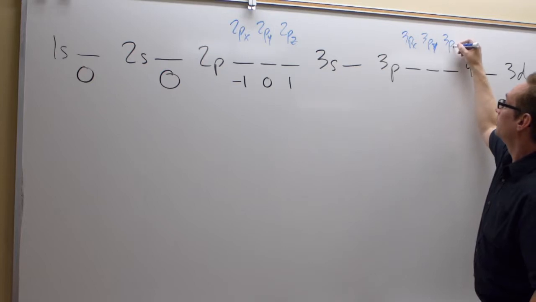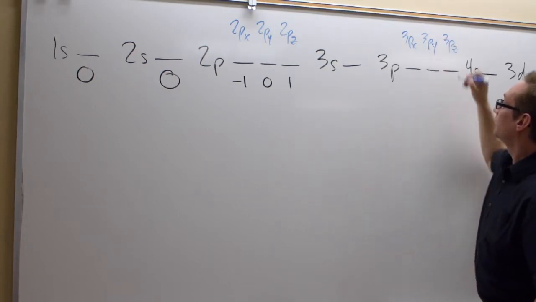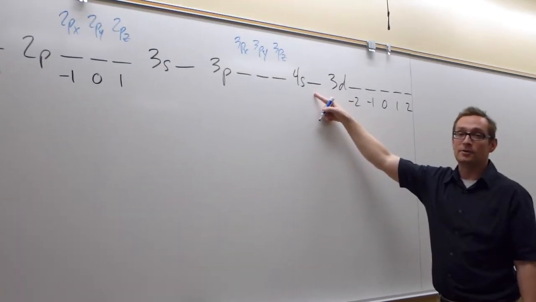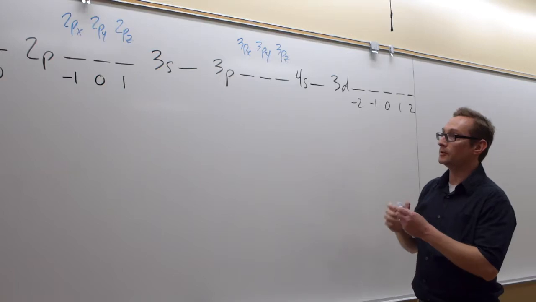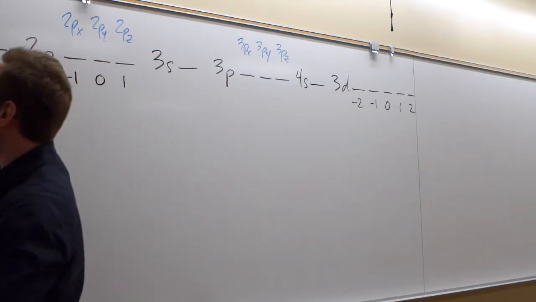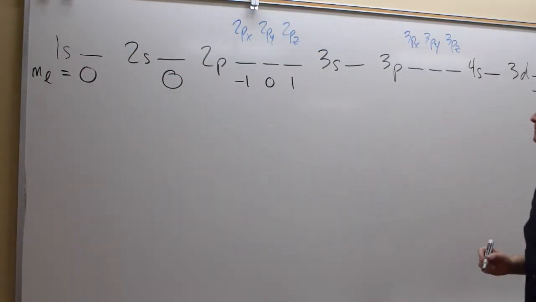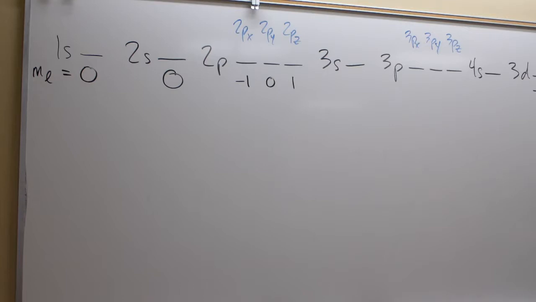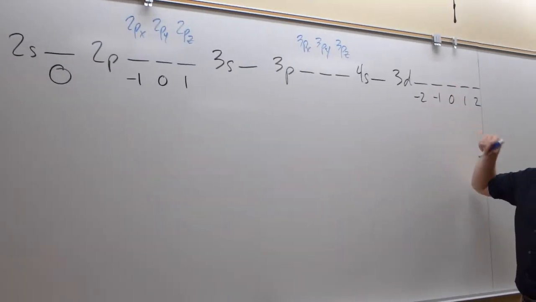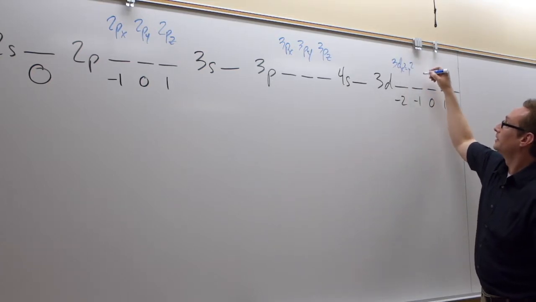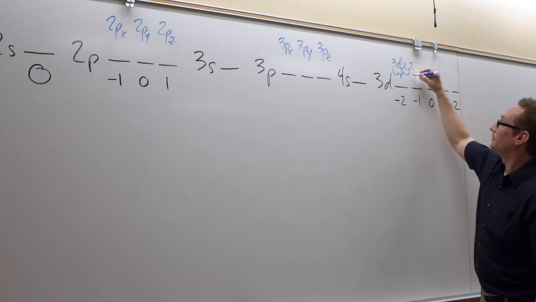In this case, I would have the 3px, 3py, oops, and 3pz. Again, for the 4s, I only have one orientation. All right, so these are m sub L values, all right? For the 3d, what would I have? I'd have 3d x squared minus y squared. I'm running out of room here.